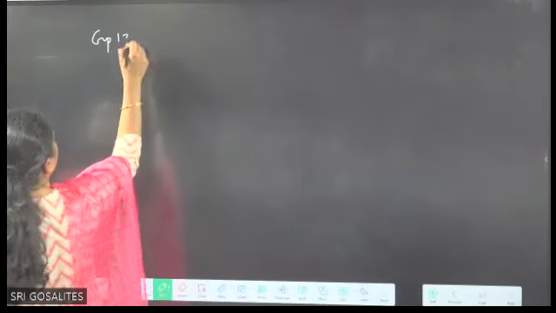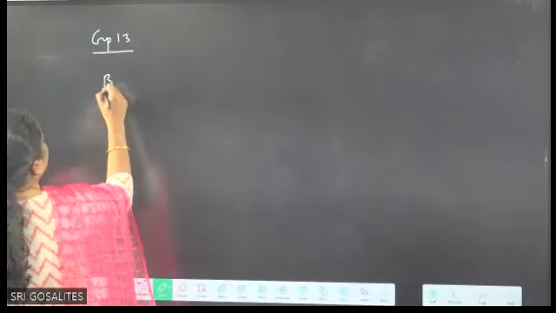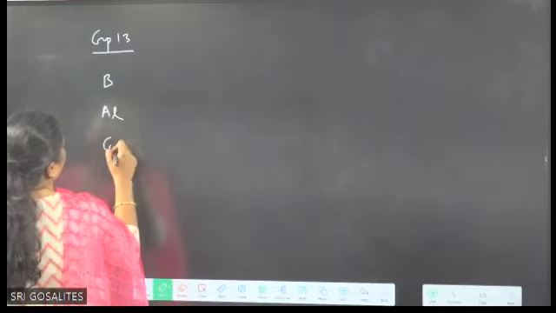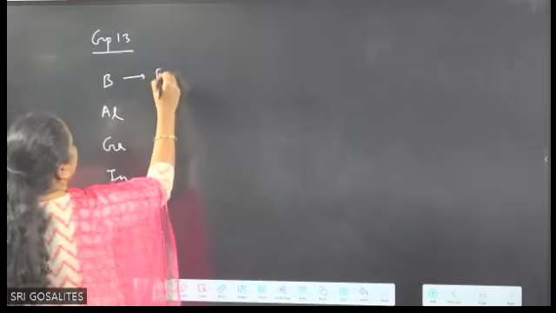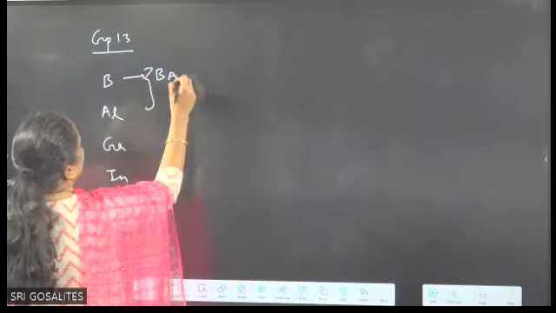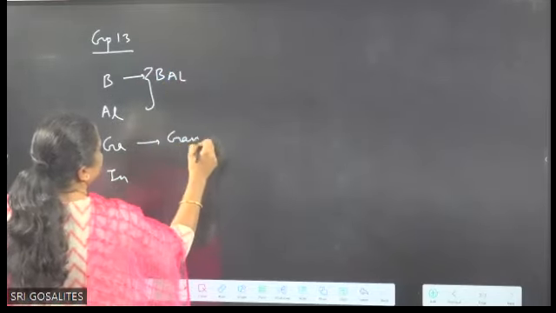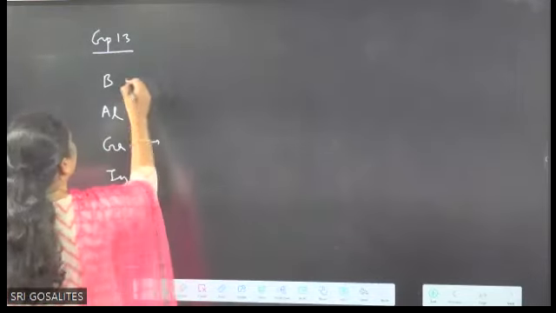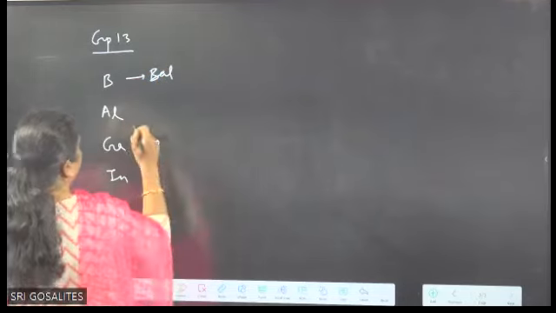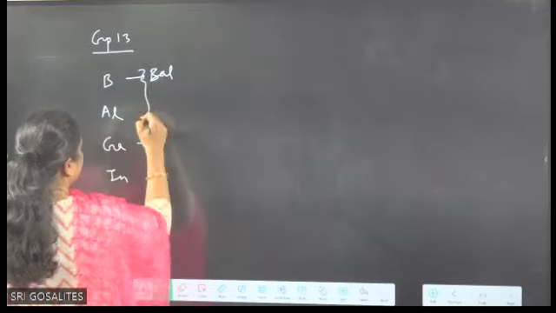Okay. Now, next is group 13. In group 13, you have these elements. This one you can treat as Bal Ganesh, or if you want, you can write it separately: Bal, Ganesh.